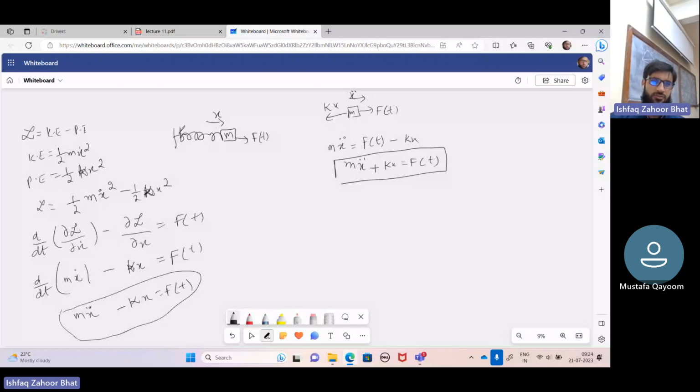In that case, it should be negative. If the spring was compressed in nature, then I think it should be positive. No, not because of that. Just wait a minute. Give some thought.